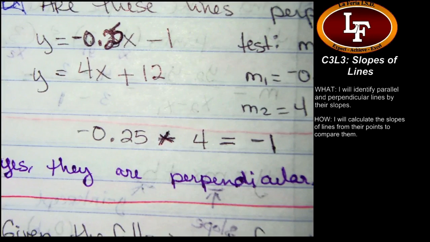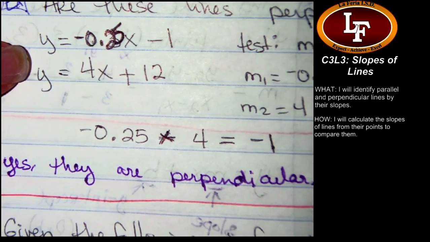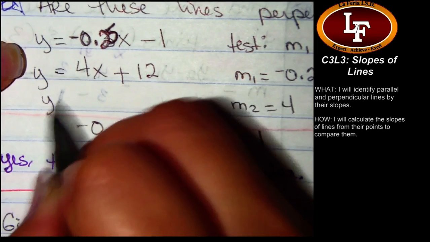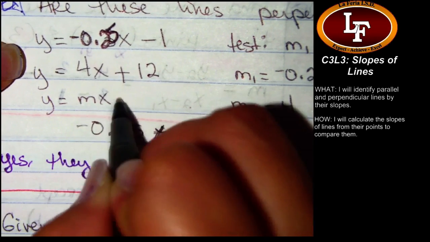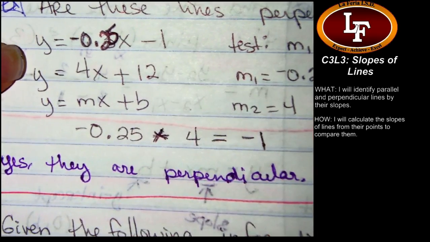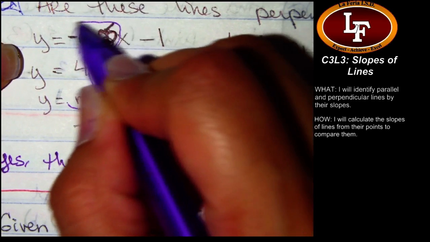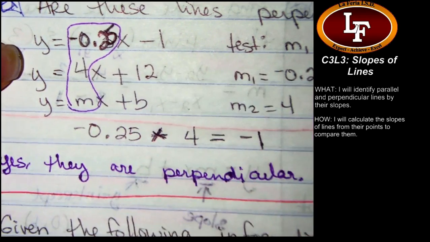Okay. I'm just going to zoom back up here just to review it. When you're given the equations of lines, if they're in that slope-intercept form, y equals mx plus b, you're going to look at the coefficient of x, that number that is in front of the x.